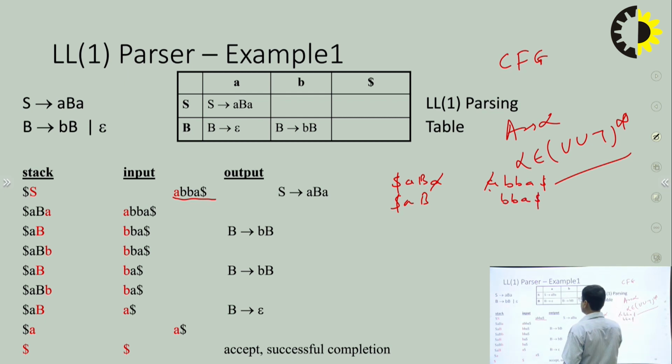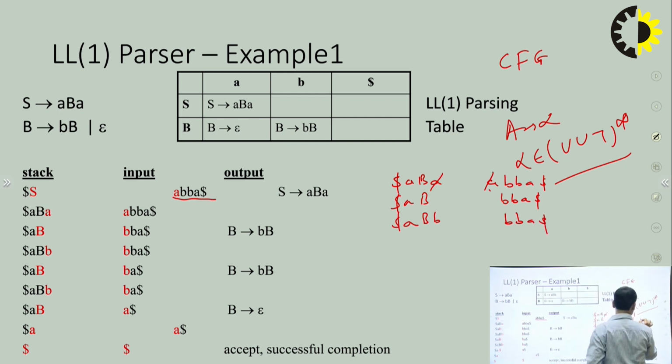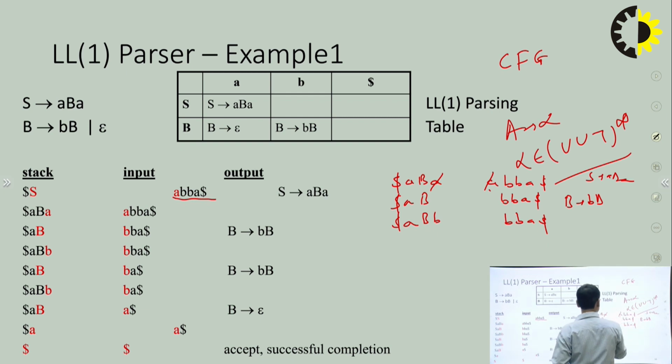Now B and b: B is replaced by B B, here b b a $. You use the production B produces BB here, and S produces ABA. Finally, B and b again, so $ A B B, because B and b are there.